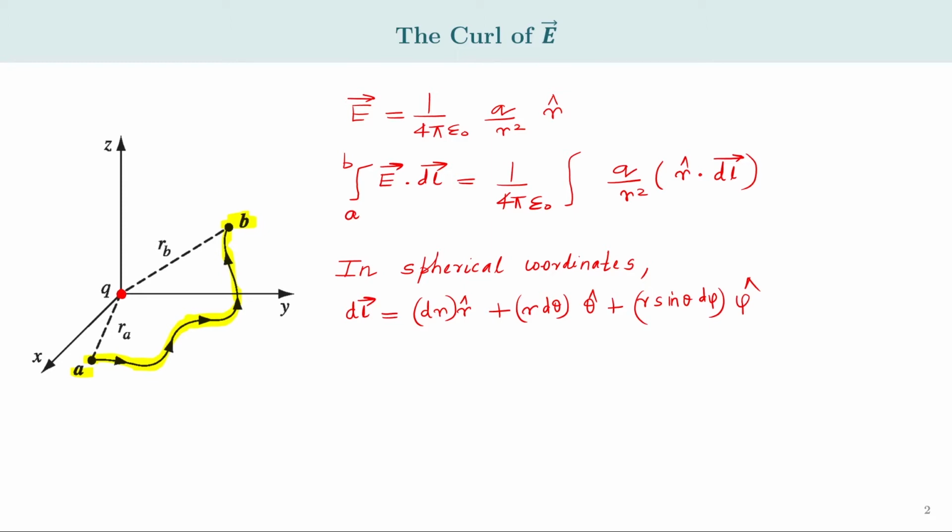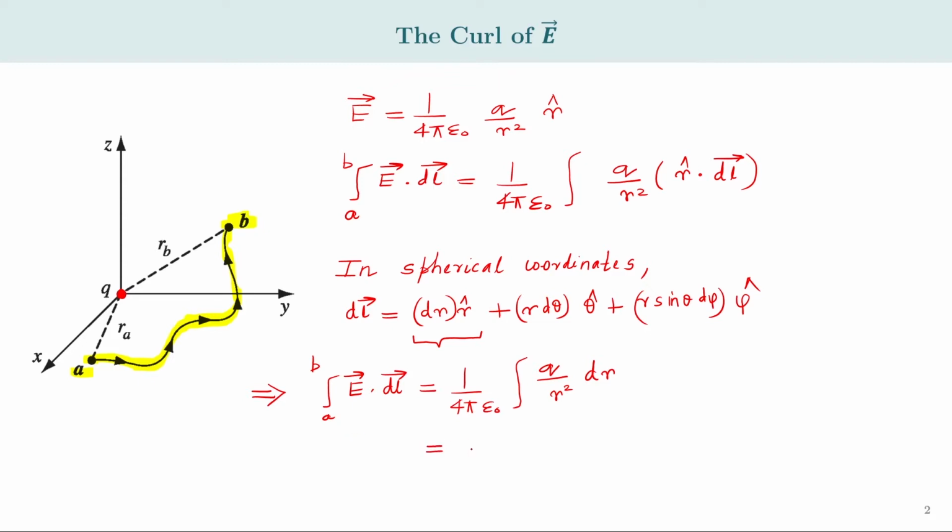And when we take the dot product of r hat with dl, we are left with only the first term, that is dr. So this gives us the line integral from A to B E dot dl as equal to 1 over 4 pi epsilon 0 integral Q over R square dr.